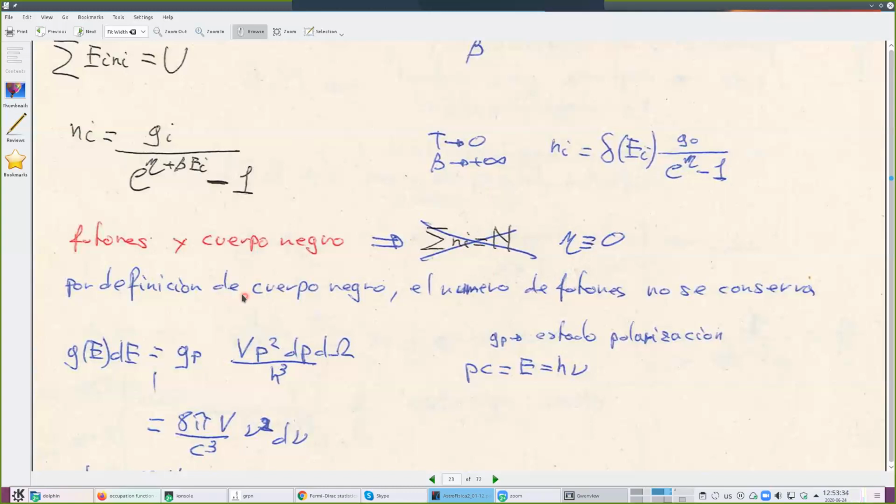So we just consider photons, where the number is not conserved, so we can put eta equal to 0 and take away the eta. This means that this is 1 minus 1, which is something divided by 0. That means that for temperature going to 0, this number skyrockets.